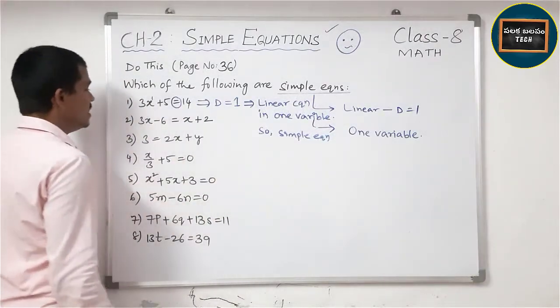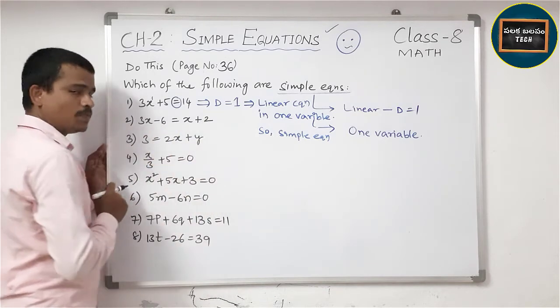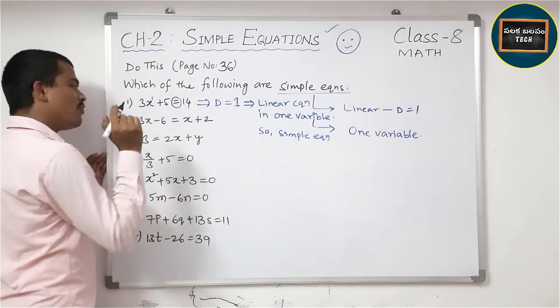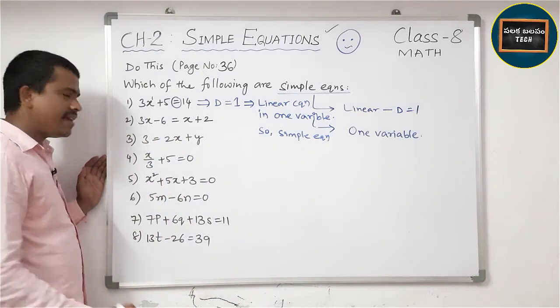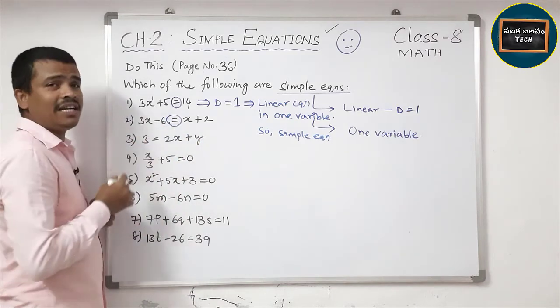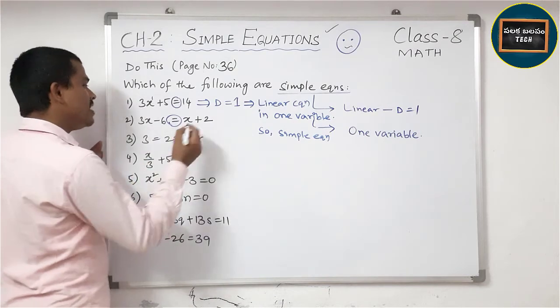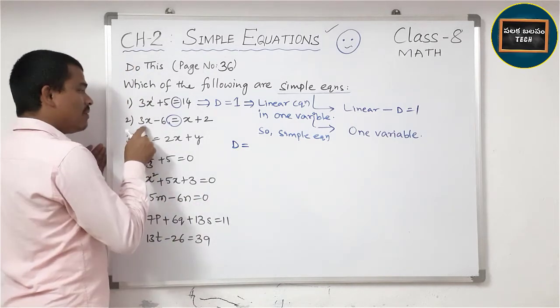Next, let us see the second one. 3x minus 6 equal to x plus 2. Now first, is it an equation? Yes, it is an equation because it has the equality sign. Now check the degree. What is the highest power of the variable?